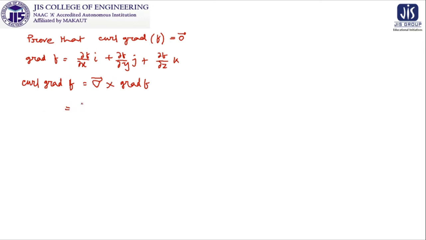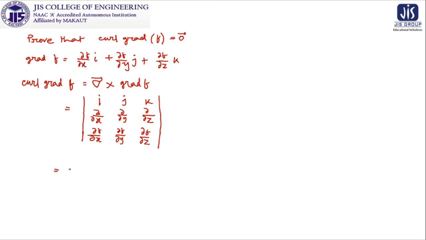So according to the concept of determinant, I write i, j and k, then for the curl part del x, del y, del z, and the components f1, f2, f3: del f del x, as it is associated with i, del f del y, and del f del z.